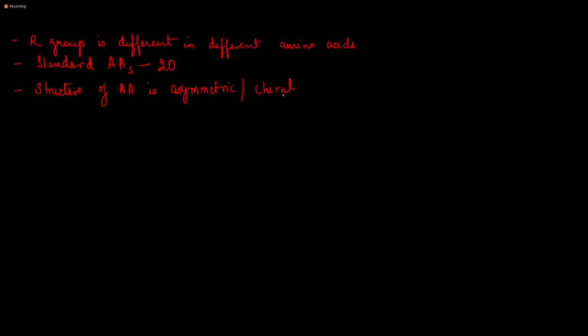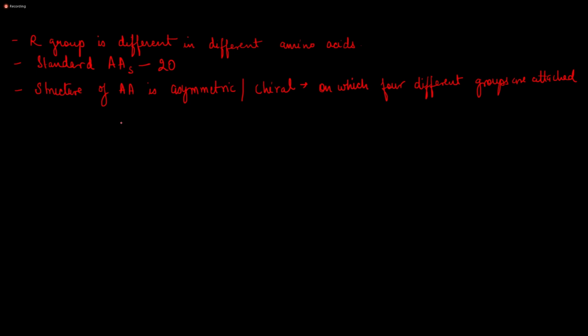So we know what a chiral carbon is. A chiral carbon is the one on which 4 different groups are attached. So this is a chiral carbon, or we can say the structure of amino acid is asymmetric.